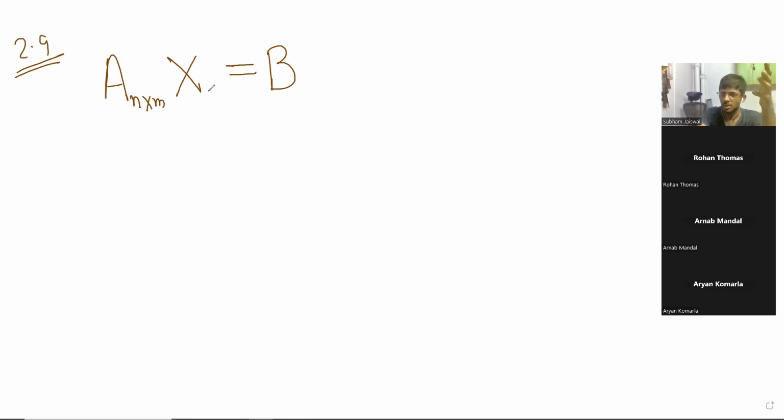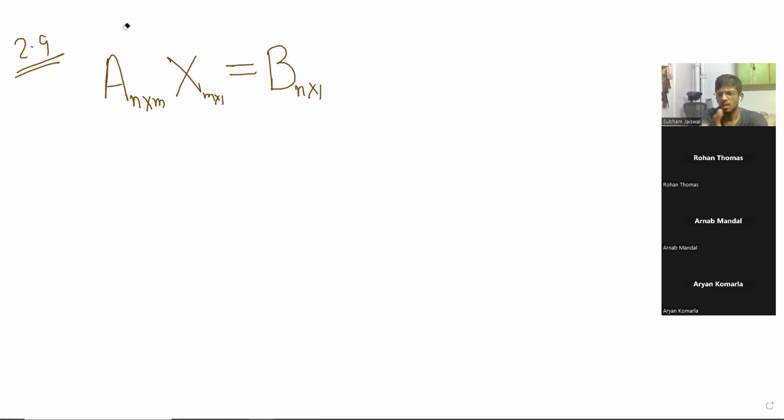If it's a system of equations, x should be a column, so m cross 1. And b should be n cross 1. Perfect. Okay, so this is what they are given.